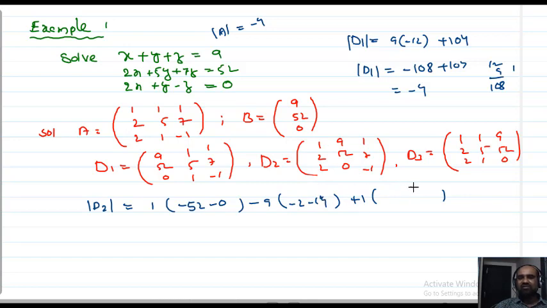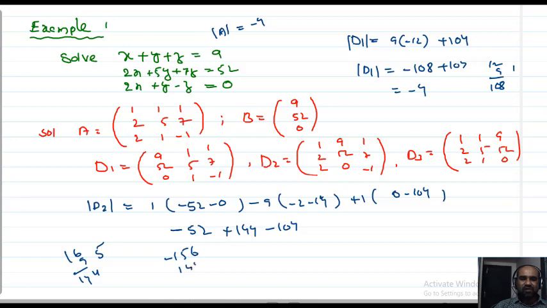Yeah, that is 0 minus 104. Here this is minus 52, this is minus 16, minus plus 9 6s are 54, 9 1s are 9, 144. Plus 144 minus 104. Okay students, 156 minus 156, correct only. Should subtract 144, 5 minus 4, 1. So what is that? Minus 12. D2 we got minus 12.